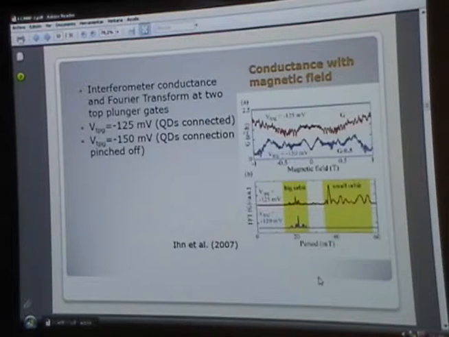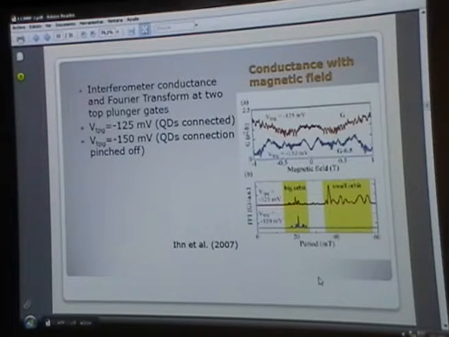Some of the measurements taken on this device are these curves where you have the conductance as a function of the magnetic field for two different plunger gates. The upper one corresponds to 125 millivolts for the top plunger gate, while the lower one corresponds to 150 millivolts.